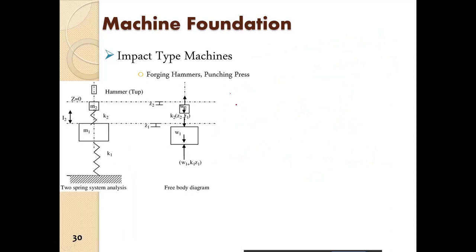So we have k1 plus k2 minus m1 omega n square, and minus k2, and here we have minus k2, and here we have k2 minus m2 omega n square.